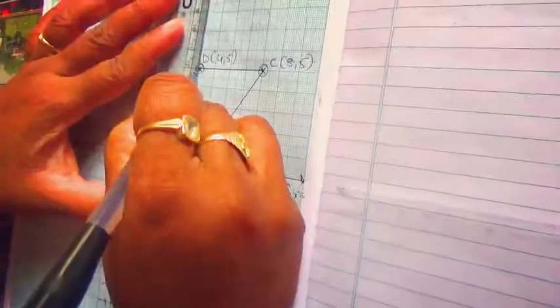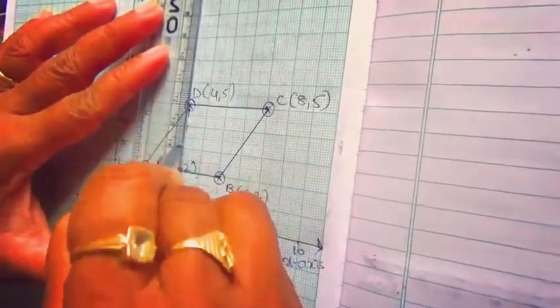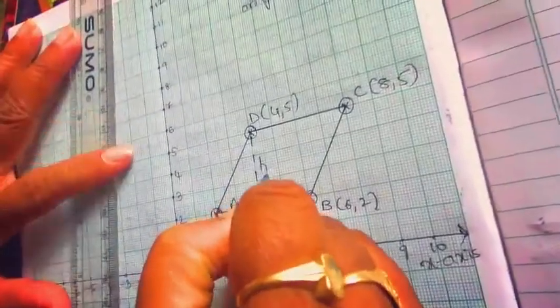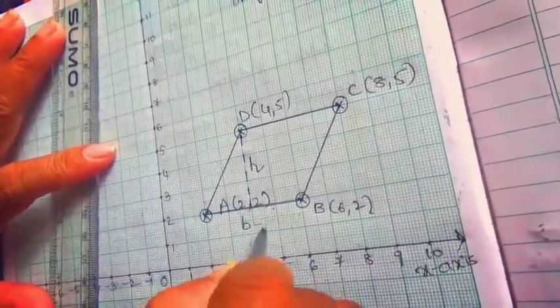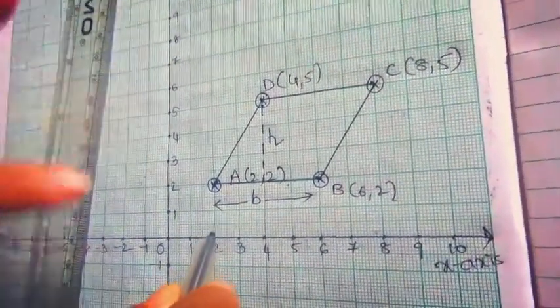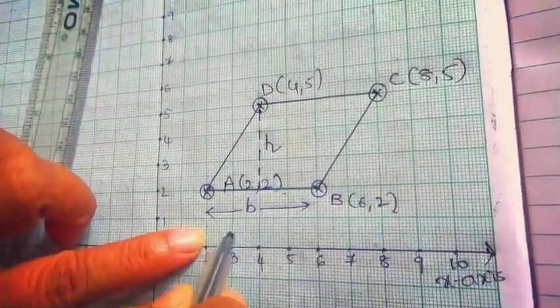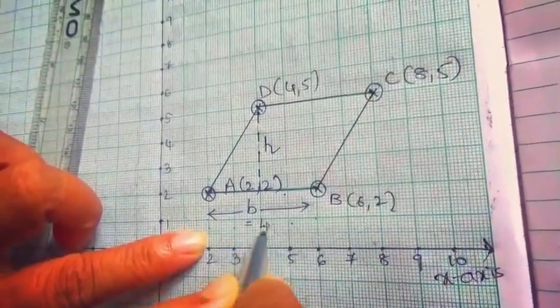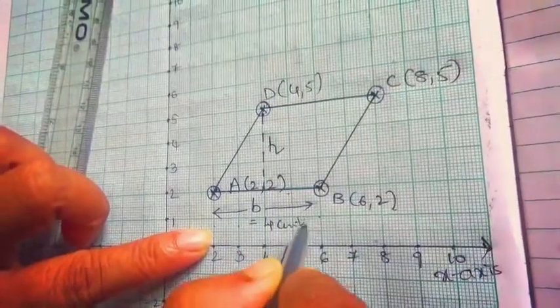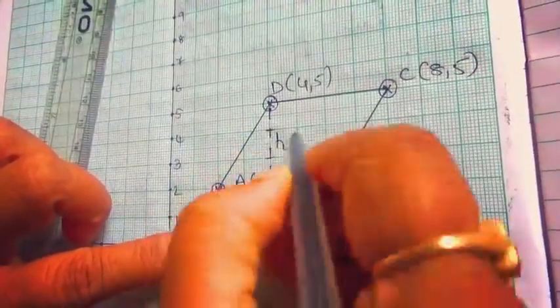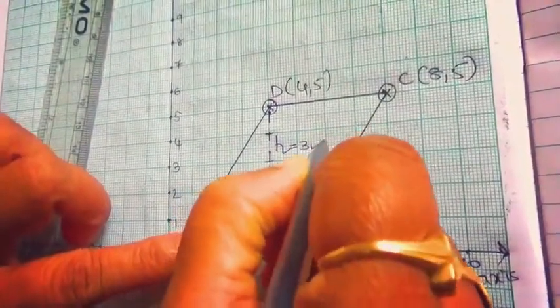Like this. And look here, I just drew the marked lines. Why? Because it is the height and this is the base. How many lines are there in between? 1, 2, 3, 4. The base is 4 units. Here the height is 1, 2, 3, so the height is 3 units.